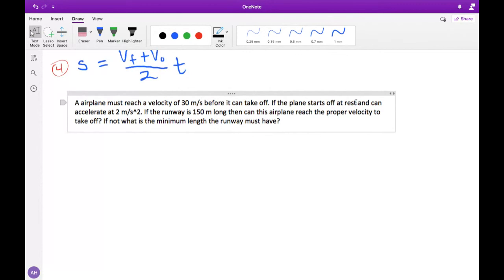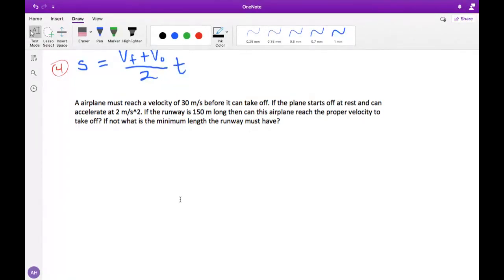If the plane starts off at rest and can accelerate at 2 meters per second squared, if the runway is 150 meters long, then can the plane reach the proper velocity to take off? If not, what is the minimum length the runway must have?